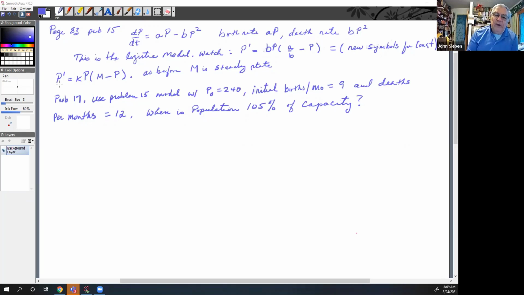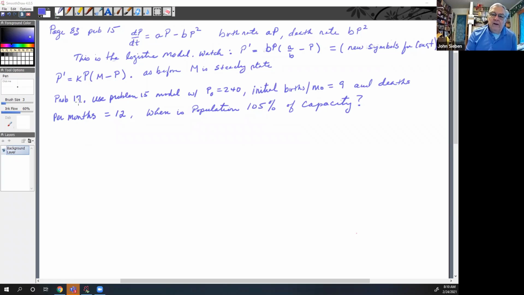P prime, let me say it again, P prime is equal to KP times the quantity M minus P. And that we recognize as the classical logistic equation, where K depends upon the rate of change of the population, births and deaths, and M is the carrying capacity. So the limit as time goes to infinity will be M. So this looks different, and it identifies AP and BP squared as something new, but it's really not something new to us.